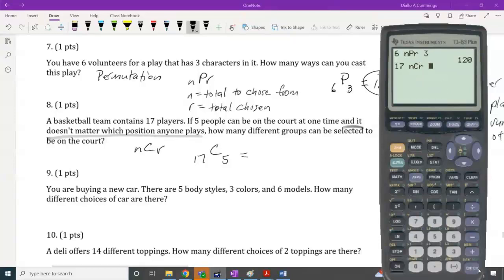Once you hit enter, you put in the number that you're choosing, which is 5. So here we have 6,188 different groups that are possible.